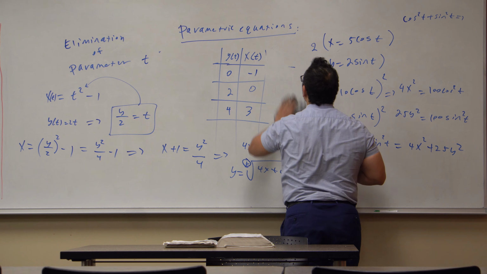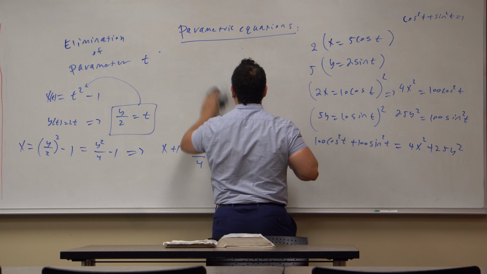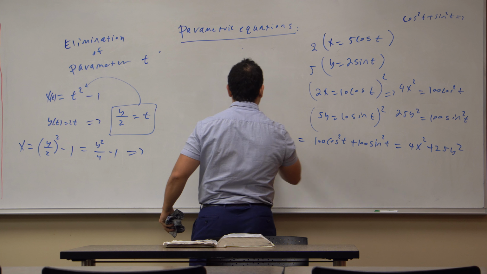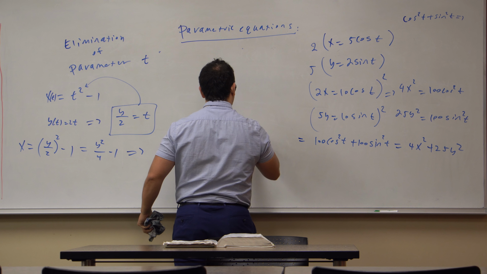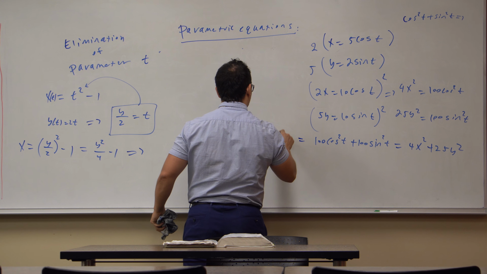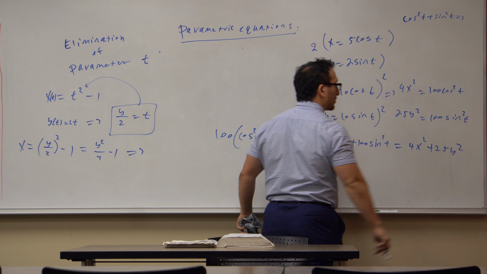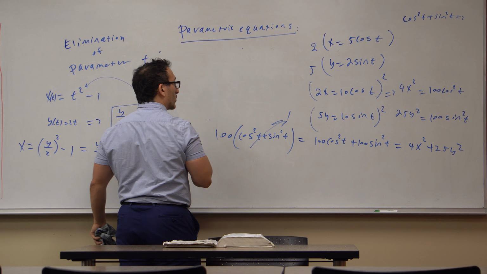Notice that moving on here to the left, I can factor out a 100 and use the Pythagorean identity. This cancels off to give me 1. And over here, I get 4x squared plus 25y squared is equal to 100.